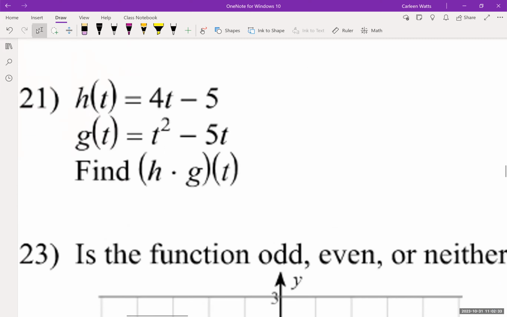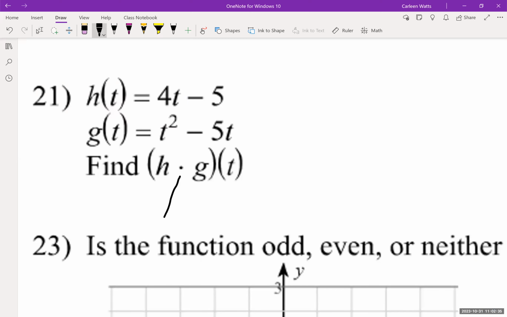Okay, now this is different. So this is h of t and g of t. And what am I going to do with those two functions? Multiply them. So I'm going to need a box.